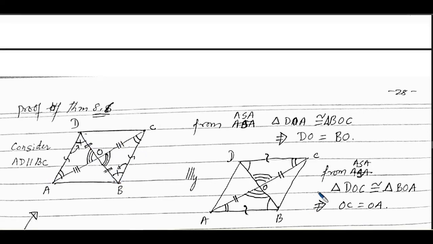Similarly, I can take this parallel line and this parallel line. I get this angle equal to this. And if I draw the other diagonal, I will get this angle equal to this. So this angle, and this is the same side, and so they are congruent.